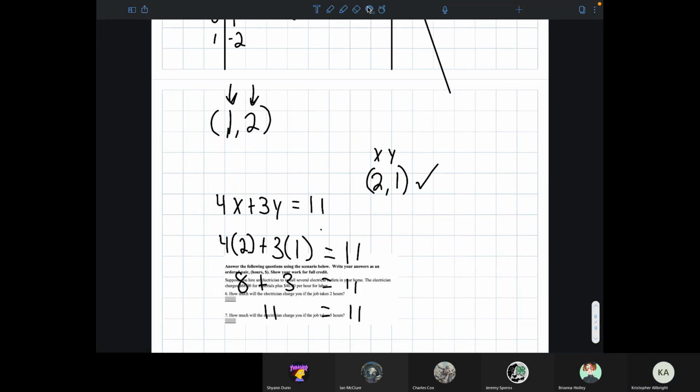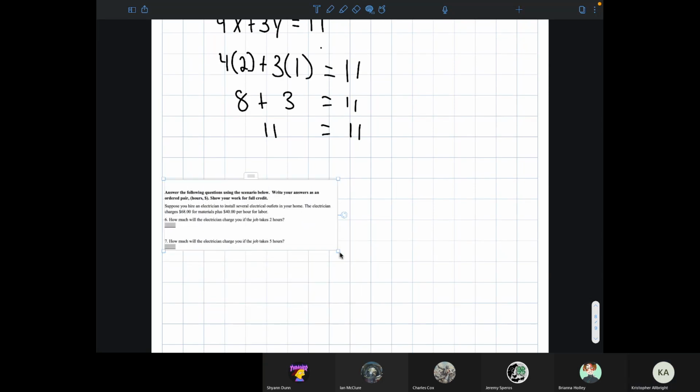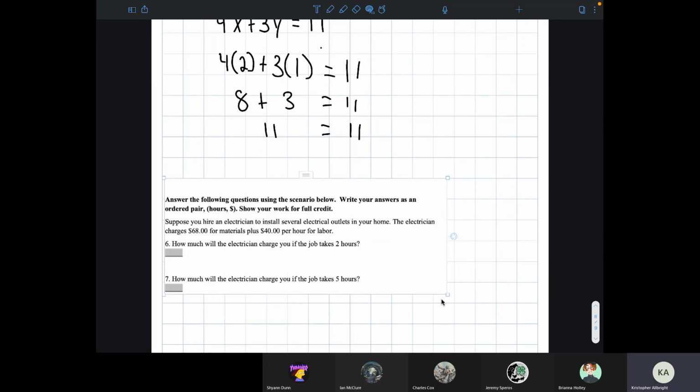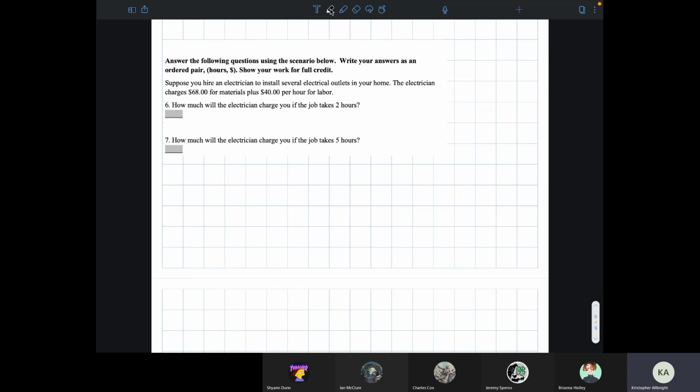Okay. So the question is, suppose you hire an electrician to install several electrical outlets in your house. The electrician charges $68 for materials plus $40 per hour for labor.